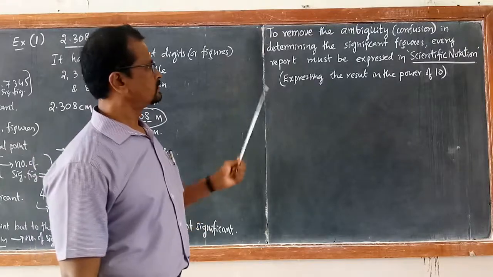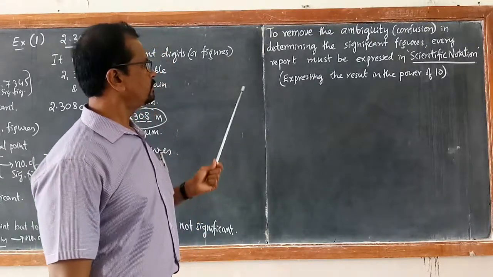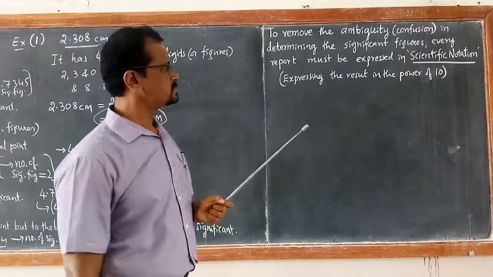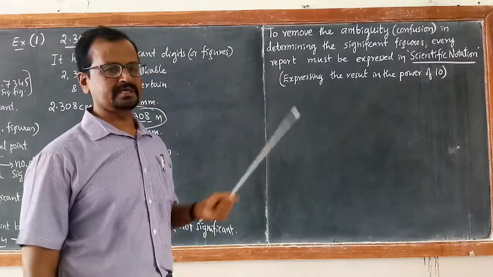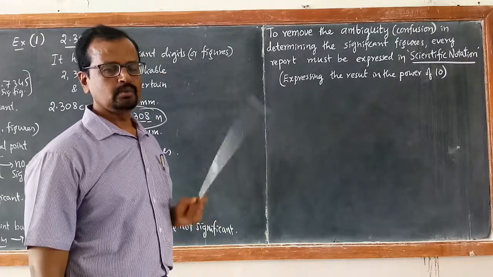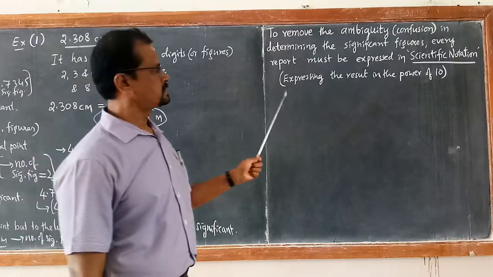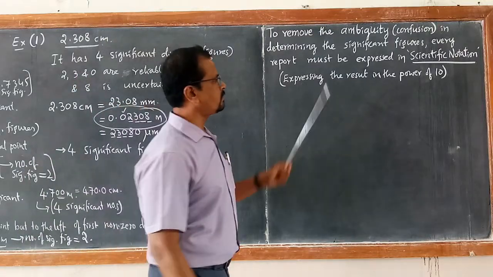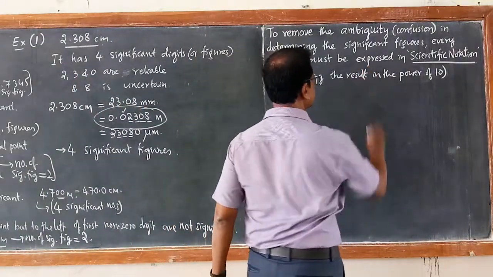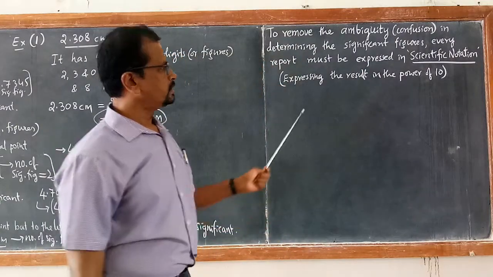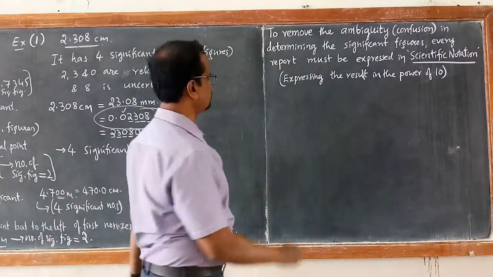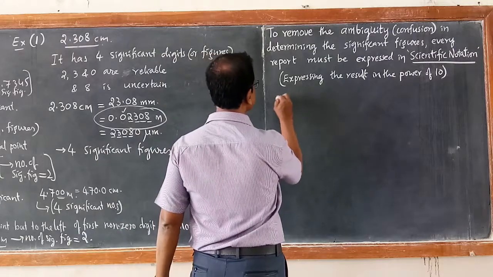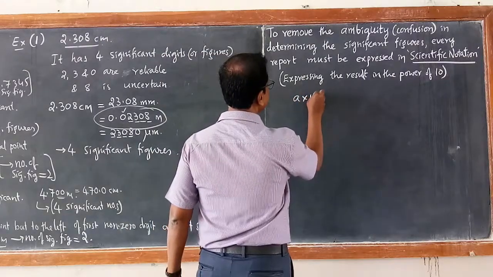To remove the ambiguity in determining the significant figures, every report must be expressed in scientific notation. What is scientific notation? Expressing the measured value in the power of 10, for example, in the form a into 10 to the power of b.